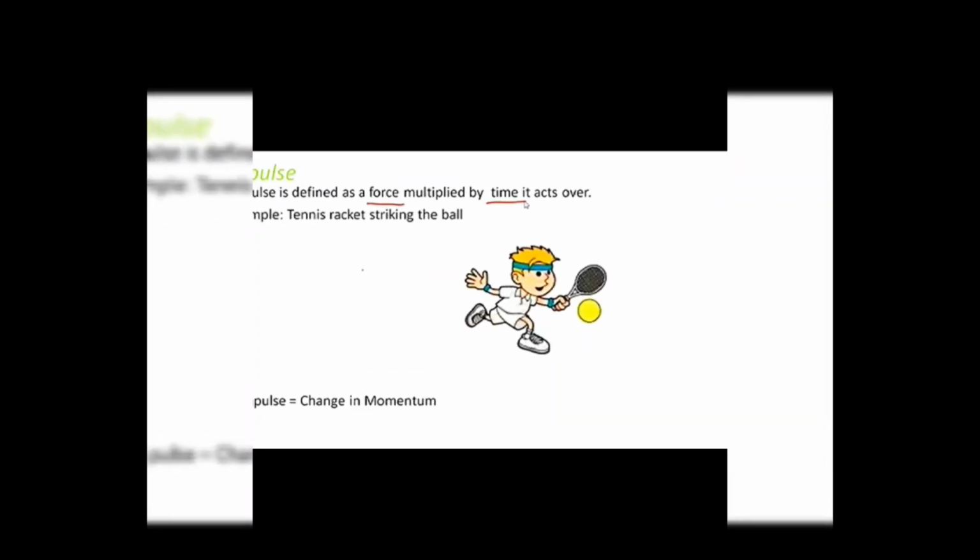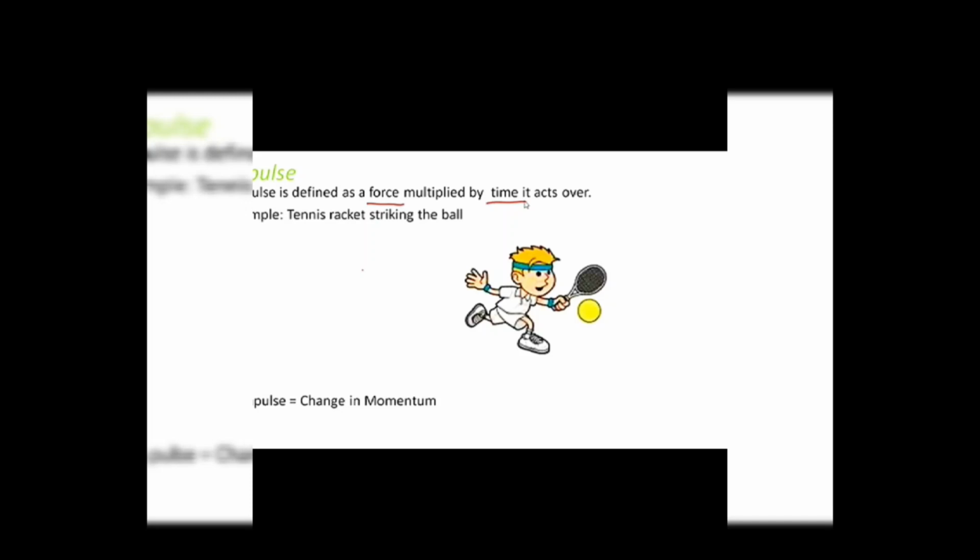So the product of force and the time duration for which the force actually acts on the body gives us impulse. Impulse is nothing but the force multiplied by time. For example, a tennis racket striking the ball. When you strike the ball with the racket, for some period of time the force actually acts on the ball. So that time multiplied by force gives you the impulse.